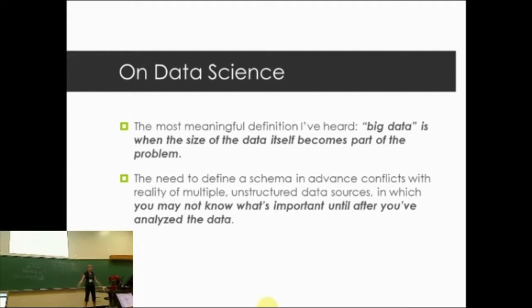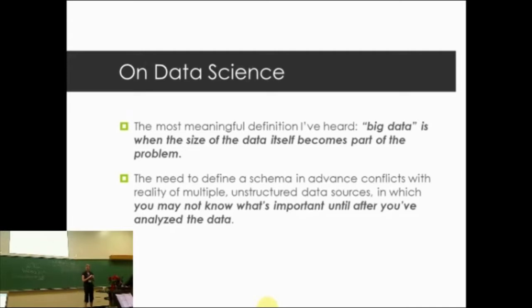The problem with big data is when the size of the data itself becomes part of the problem. We all know that, right? It's going to get bigger. And this I found really interesting: you may not know what's important till after you've analyzed the data. And then do you go back and say, I'm going to do it all again?